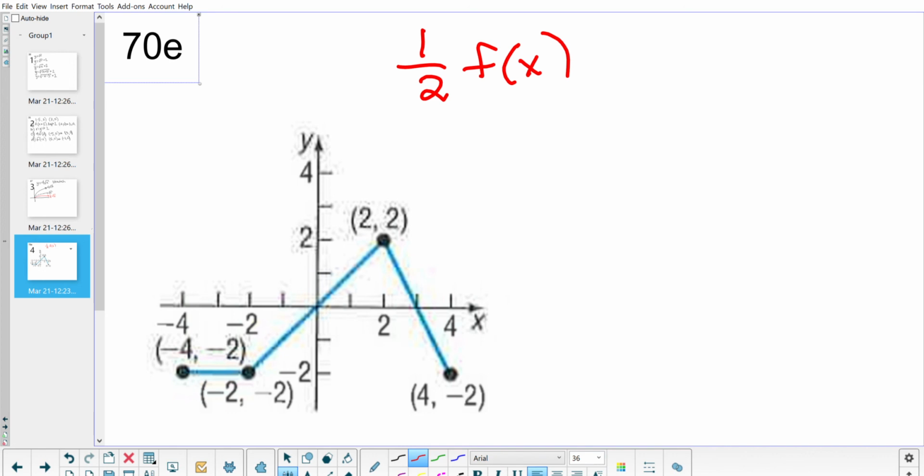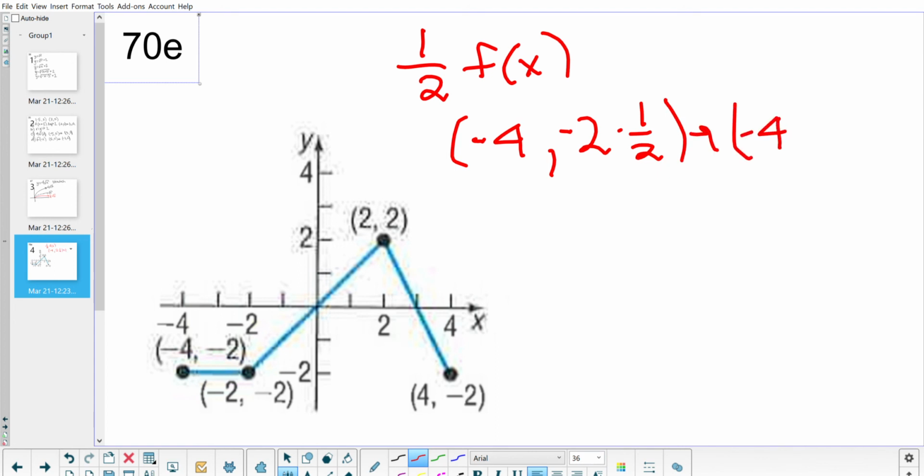So the very first coordinate right here, -4, -2, that's going to become -4, -2 times 1/2, which would be -4, -1. So that point is going to be right here. This one has the same y value, so it's going to be -2, -1.